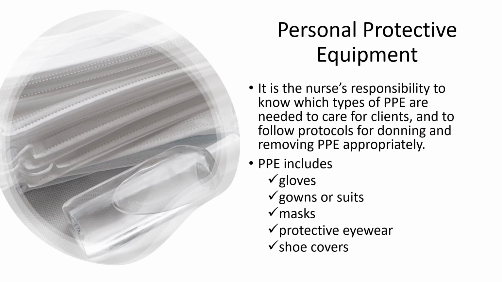Personal protective equipment is vital for the nurse to use in the healthcare environment. Gloves are made from latex, vinyl, or nitrile to protect the hands from contamination and protect clients from being infected.